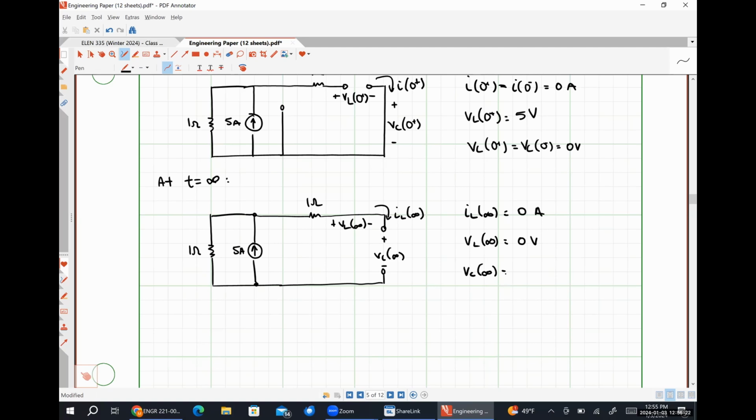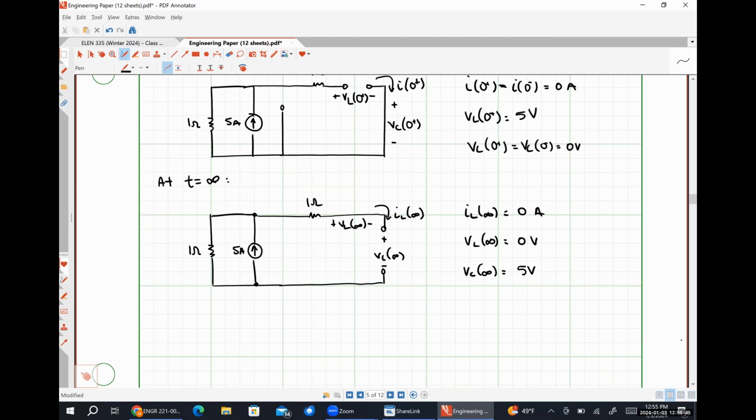VC at infinity will be equal to what? 5 volts. Right. For the exact same reasons that VL at 0 plus was 5 volts.